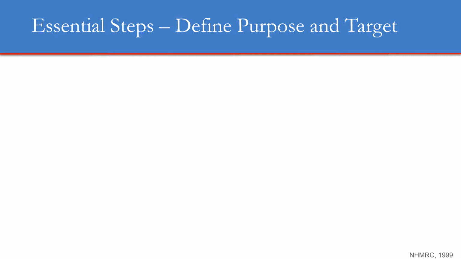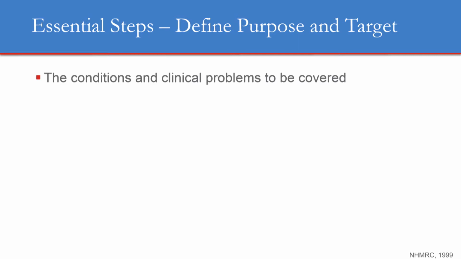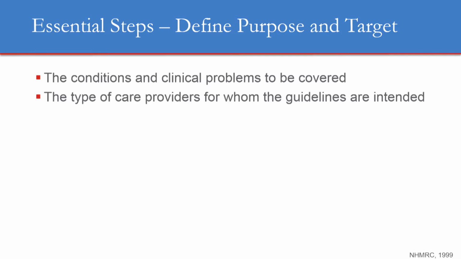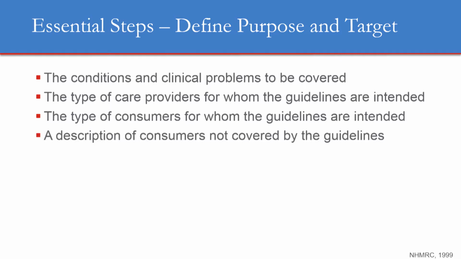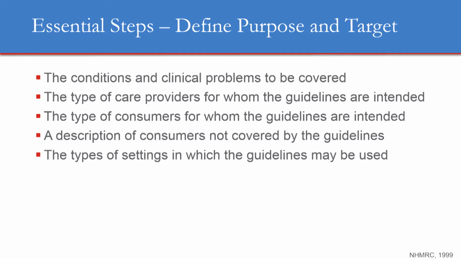There is the need to clearly specify what the purpose and target audience are. The following need to be stated specifically: the conditions and clinical problems that are to be covered, the type of healthcare providers for whom the guidelines are intended, the consumers for whom the guidelines are intended, a description of consumers not covered by the guidelines, the types of settings in which the guidelines may be used, and the interventions to be evaluated.